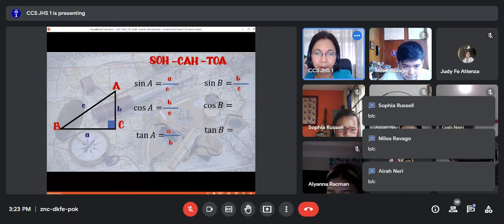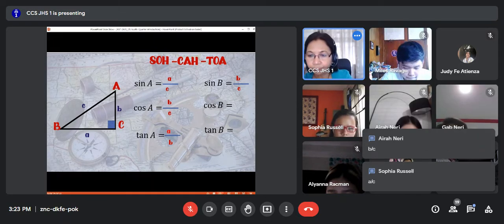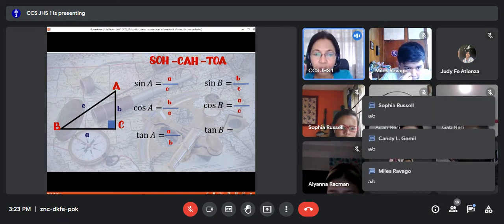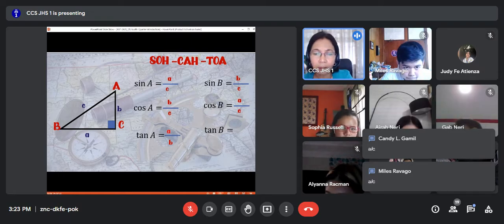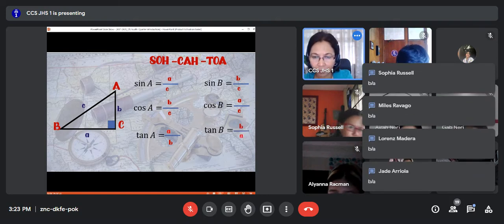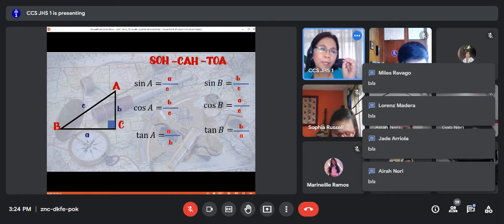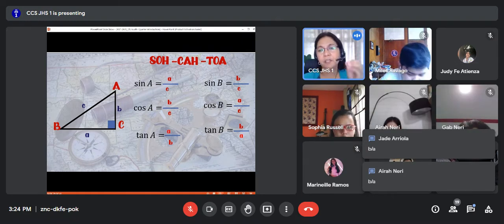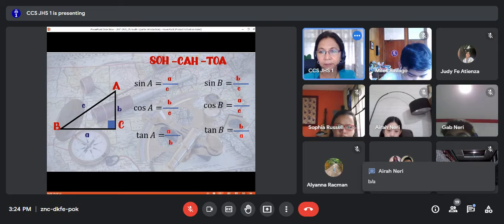Cosine of angle B, a over c. And then tangent of angle B, it is b over a.